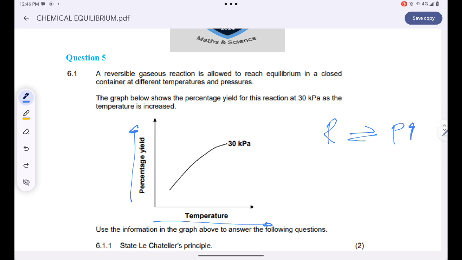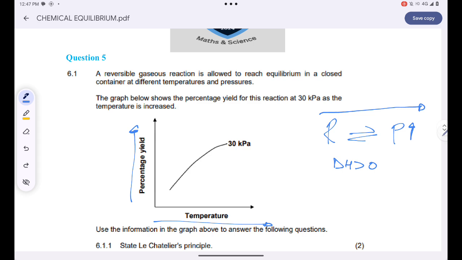For us to increase products, that means the increase in temperature favors the forward reaction. And I know that by increasing temperature I will always favor the endothermic reaction. If my forward reaction is favored, that means the forward reaction is endothermic, and hence the change in enthalpy will just be a positive number.